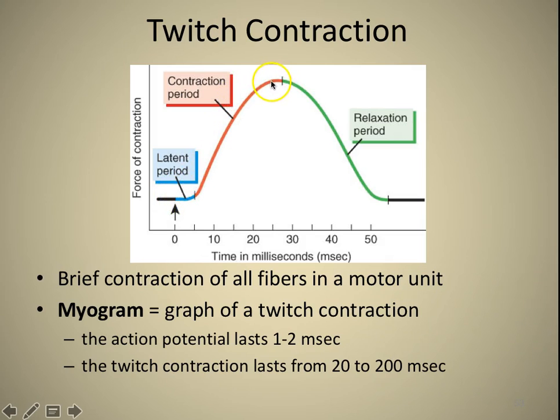And again, we're only sending one signal, so then acetylcholinesterase breaks down the acetylcholine. There's no more nerve signal, no more signal to send calcium into the cell, so the sarcoplasmic reticulum actively pumps the calcium back into itself, and then the muscle relaxes. Depending on where you are, that twitch can last anywhere from 20 to 200 milliseconds. Not long, that's thousandths of a second.